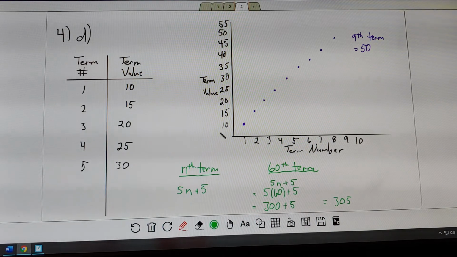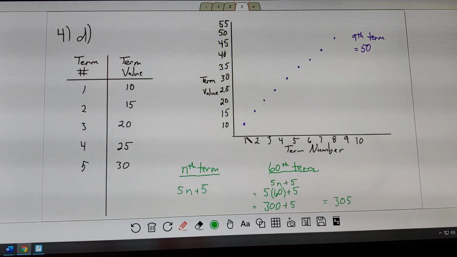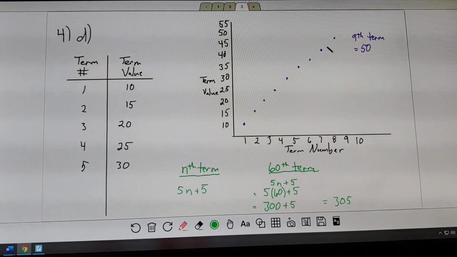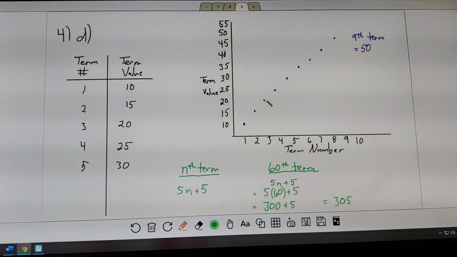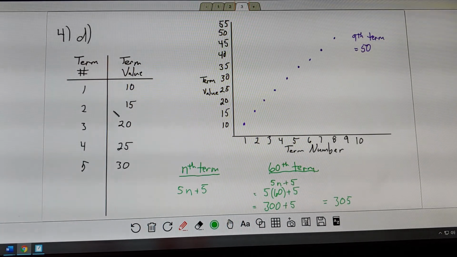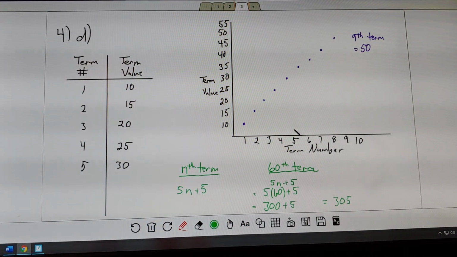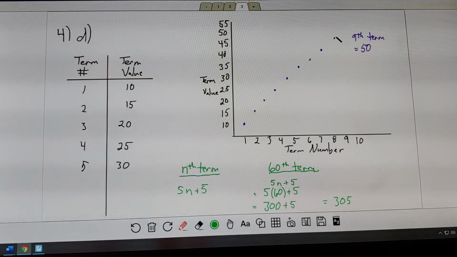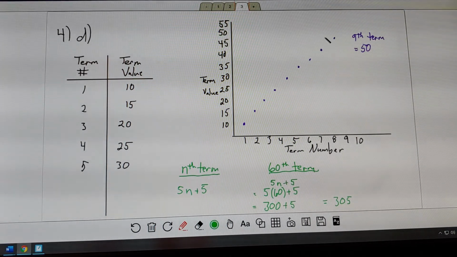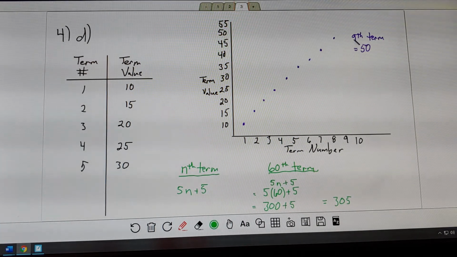Term values go up, term numbers go across, and then we graphed it. If we were to join a line along these, we would get a straight line, and that's because this is a linear relationship, meaning line. Extending past 5, 6, 7, 8, 9, we see that 9 goes across to 50, so that is our 9th term.